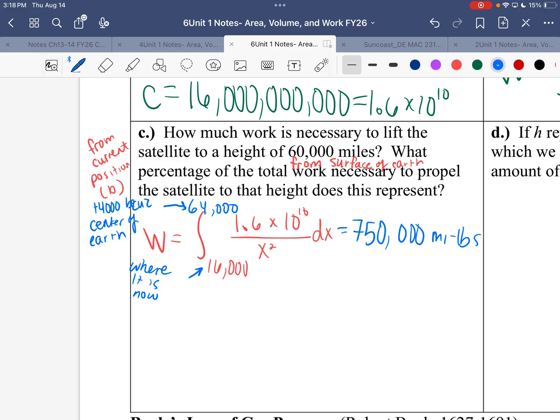The next part of the question is asking you to figure out what percent of the total work necessary to propel the satellite to that height is done in this part. So the proportion would be what we currently figured out in this part, plus the total amount of work.